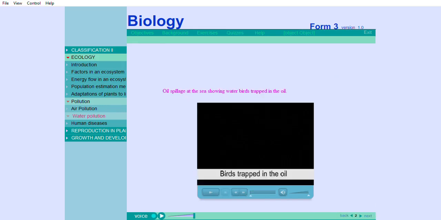Oil spillage at the sea, showing water birds trapped in the oil.